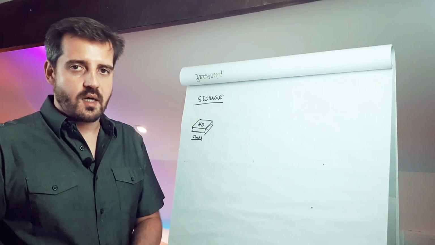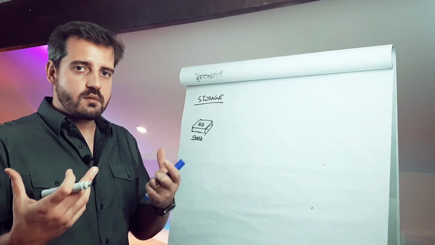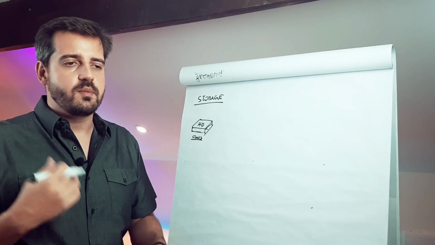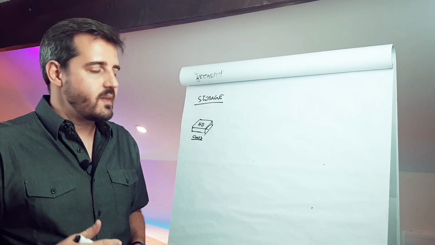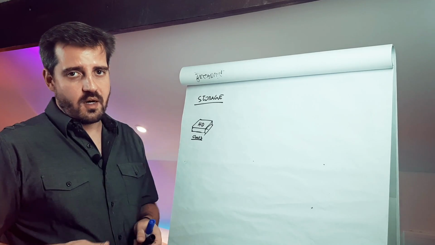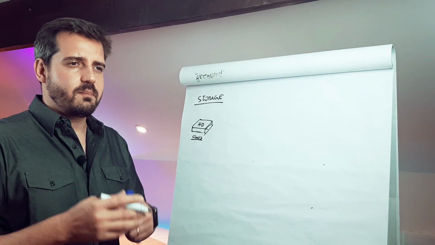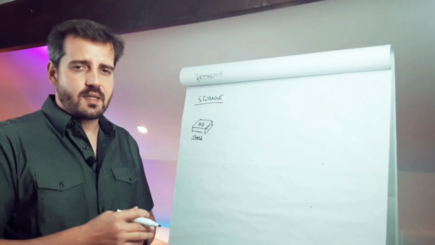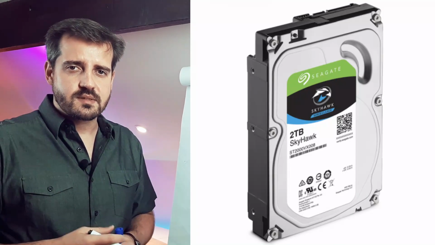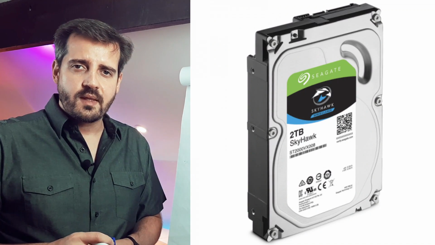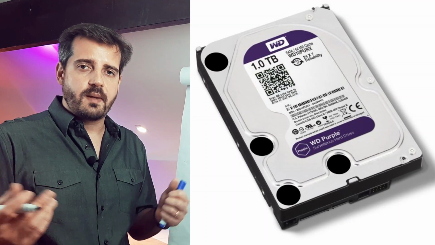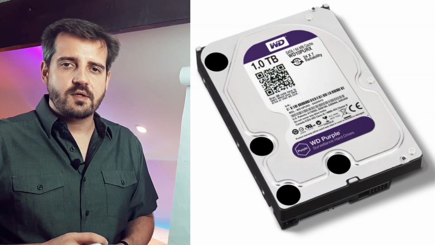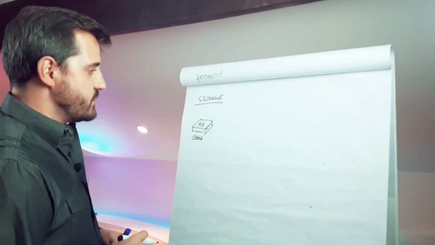But the video recording content, which will be recorded and deleted all the time, needs to be on specific hard drives. We have Purple classes, and we have specific classes. I'll put them here on the screen so you can reference them as the best hard drives for video surveillance.